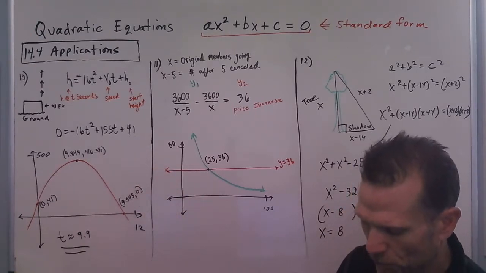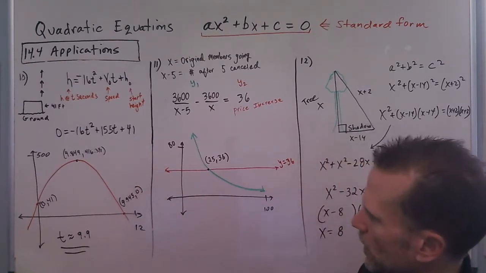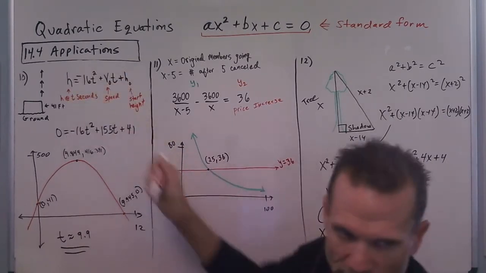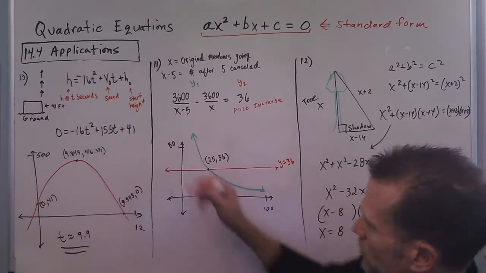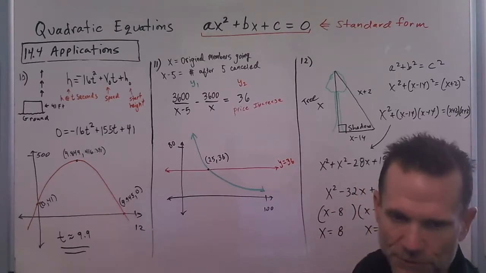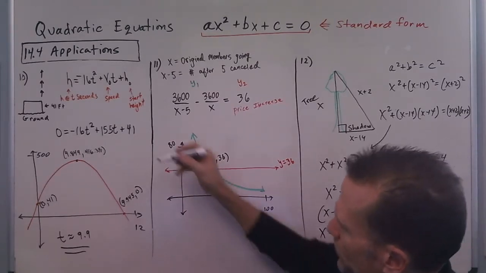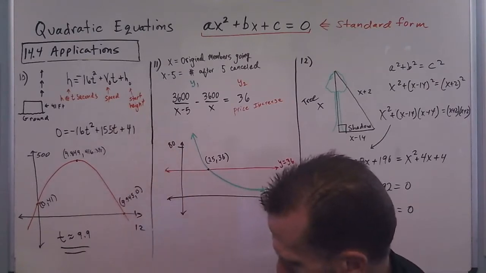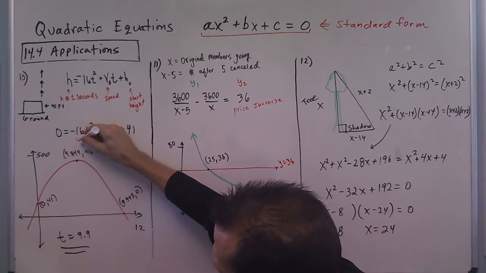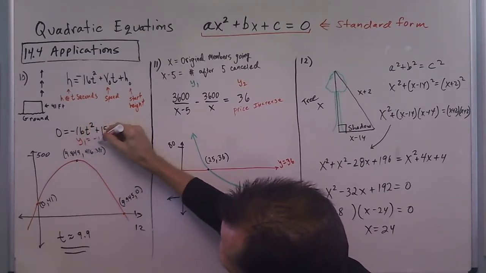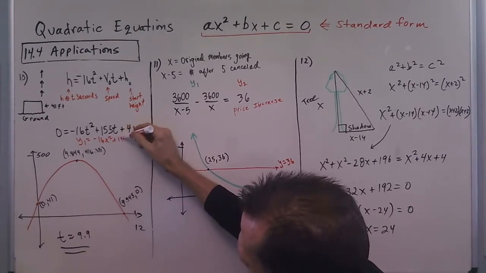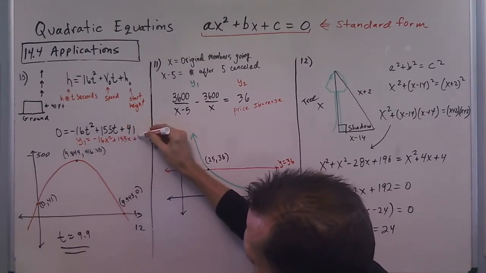Now they ask, when does the arrow hit the ground? So they want to know when this height here is 0. That would represent hitting the ground. Once I have this equation, which is pretty easy to substitute my values into, I can just put it into Desmos: y1 equals negative 16x squared plus 155x plus 41.